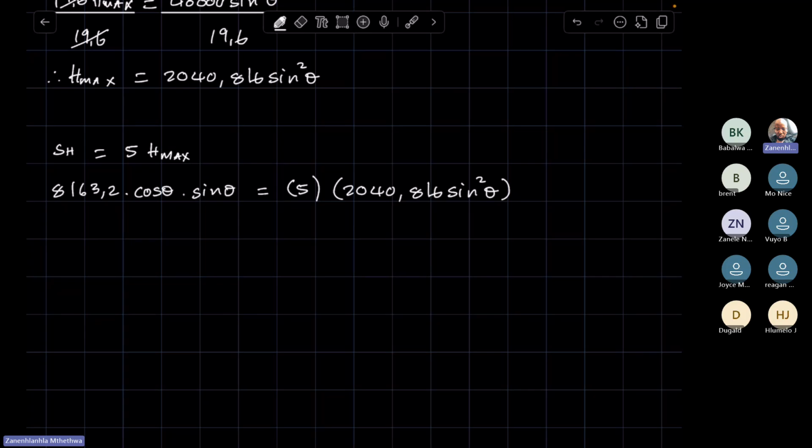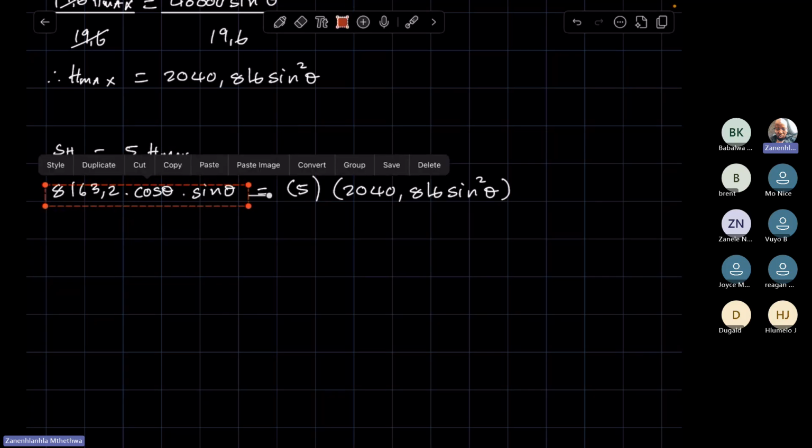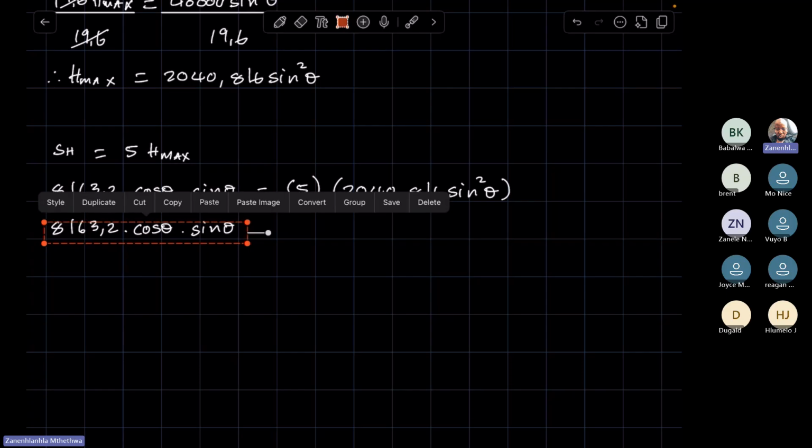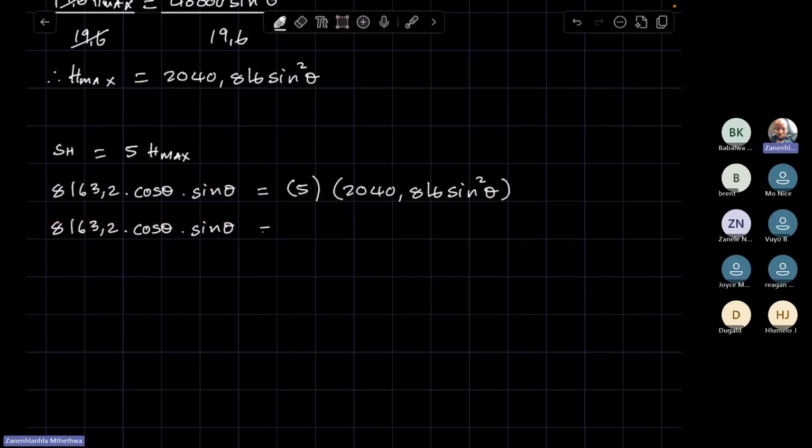So essentially what we have is this is equal to, now we say 5 times 2040,816, which is 10204,08 sine squared theta.